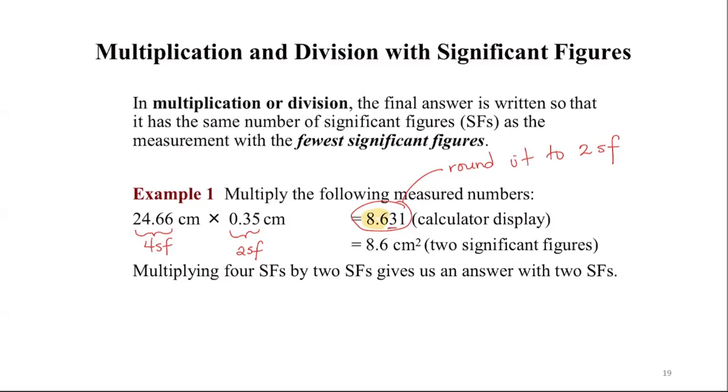It is a 3. Because that 3 is not adding to the 6, then I'm going to write as my final answer 8.6. In terms of the units, this is centimeters squared, okay? But it's going to include these 2 sig figs, okay? Any questions when it comes to multiplication and division or addition and subtraction?